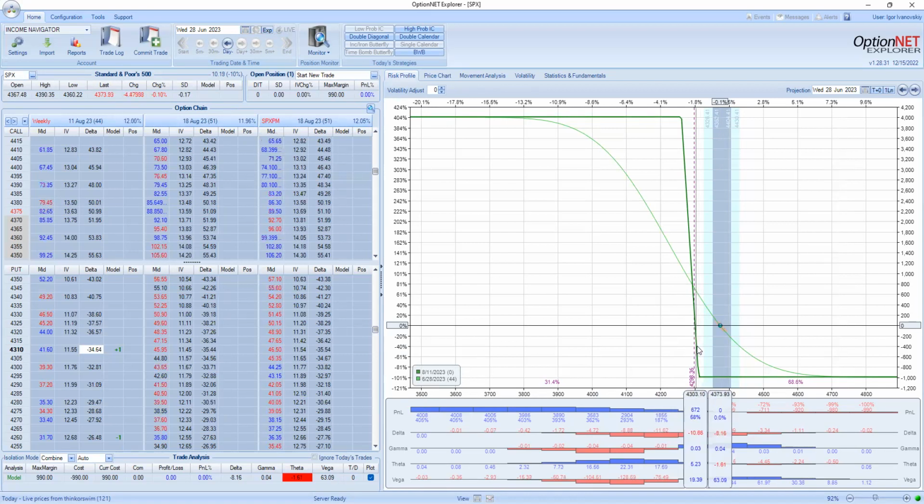Which is going to be a lot closer to the money, which means you're paying more for this debit spread. But by being able to place this put spread closer to at the money, you are also increasing the odds of price being inside the trap at expiration.